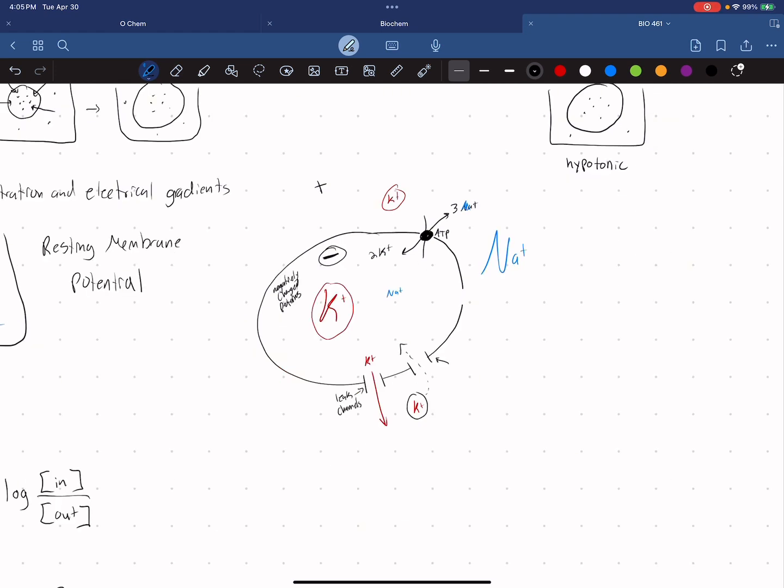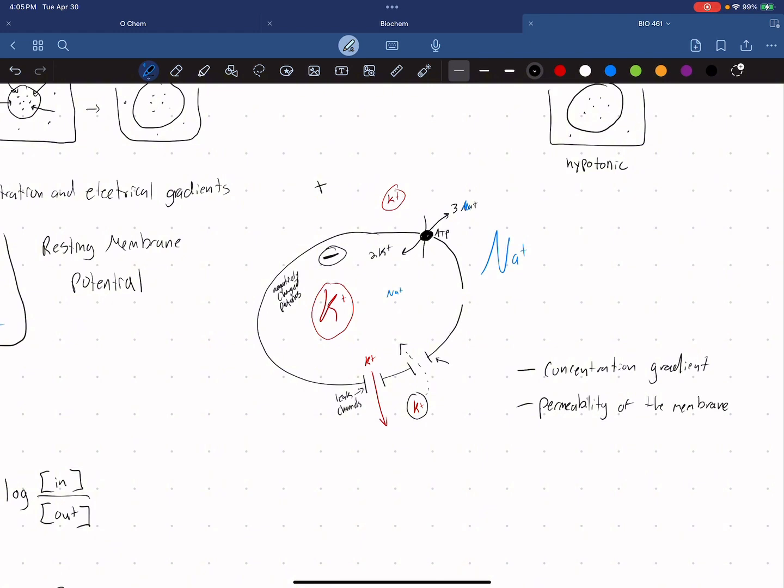So when talking about resting membrane potential, the two big factors that play into the magnitude of this RMP are the concentration gradient of the ions that are involved, as well as permeability of the membrane.